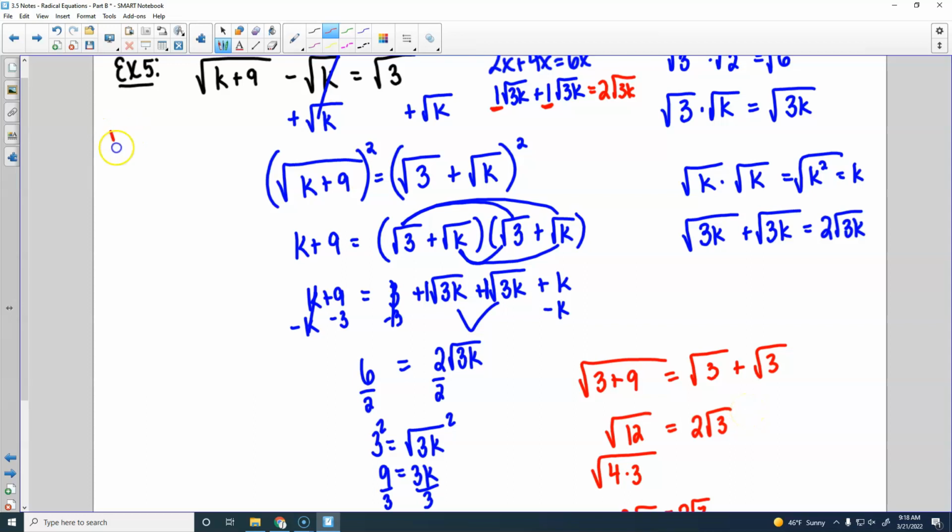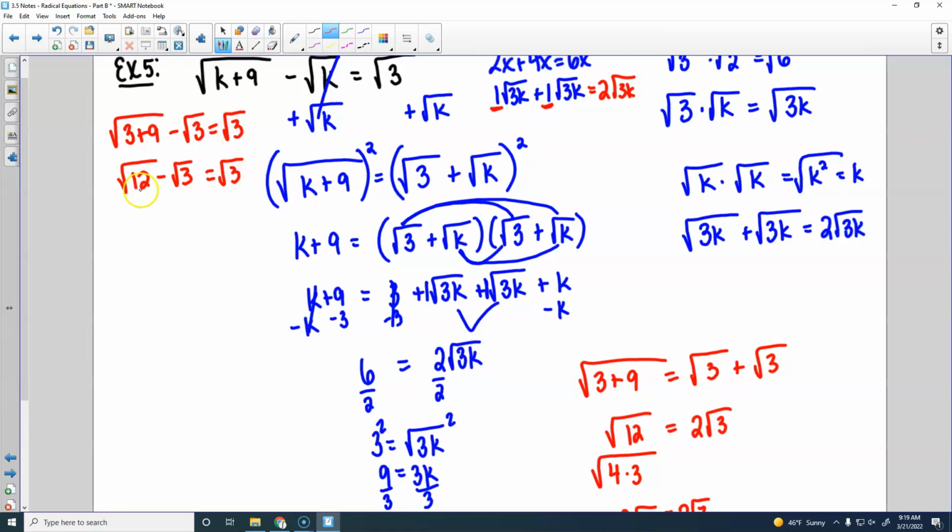So let's see. As long as I didn't mess up on that first step, plugging it back into the second step should also confirm, but because I haven't squared both sides yet, we should plug back into the original. I just didn't scroll back up far enough. So we've got square root of 12 minus square root of 3 equals square root of 3.